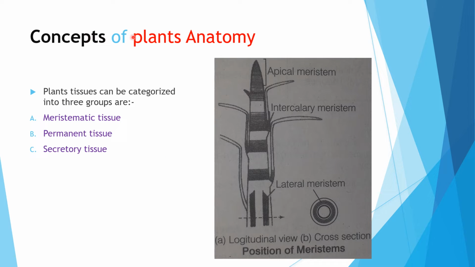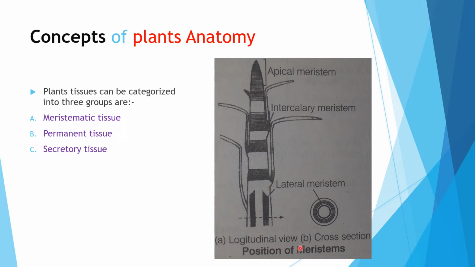So what is the concept of plant anatomy? You can see that a plant is categorized into three tissues: first is meristematic tissue, then permanent tissue and secretory tissue. Firstly, this is a diagram of a longitudinal section, while B is a cross section.